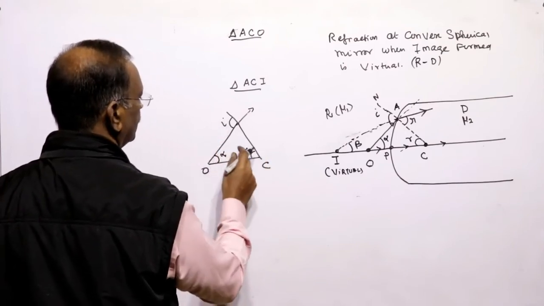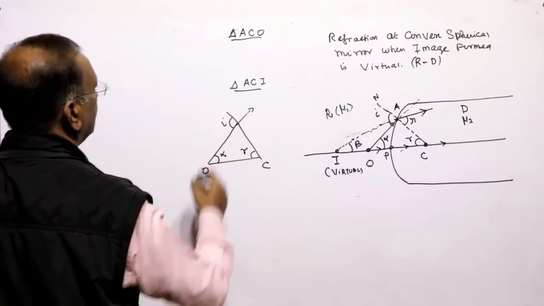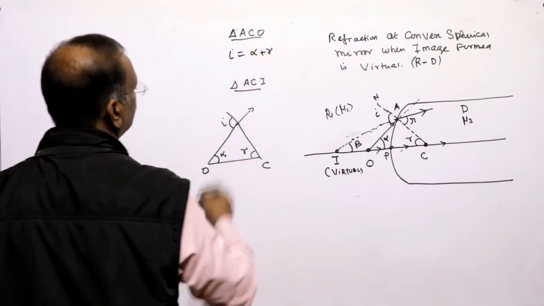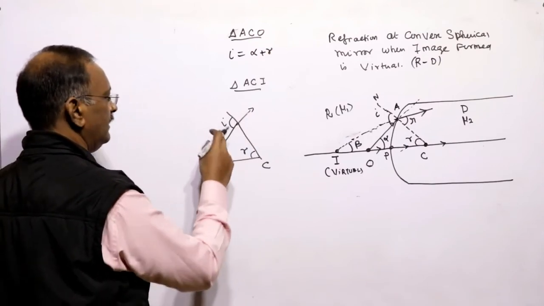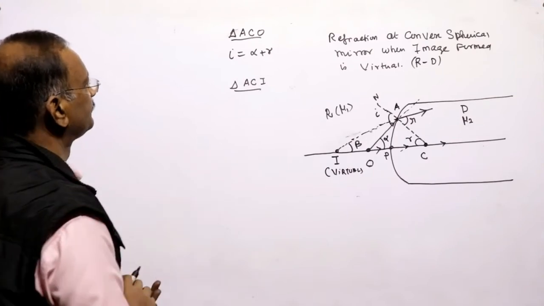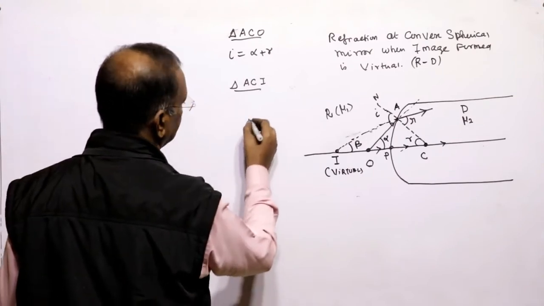So I is equal to alpha plus gamma, because the external angle is equal to the sum of the opposite interior angles.